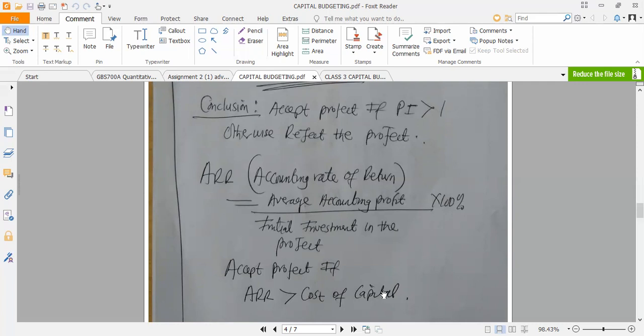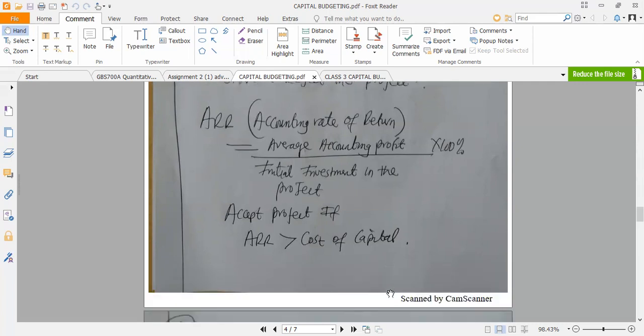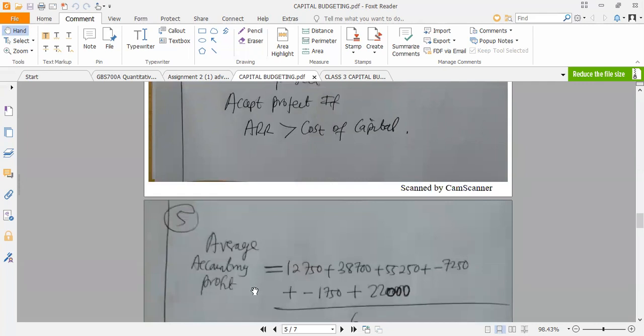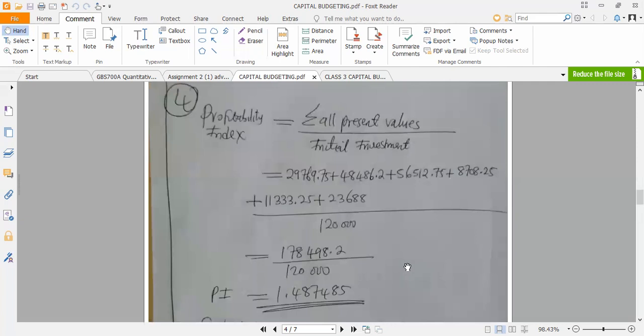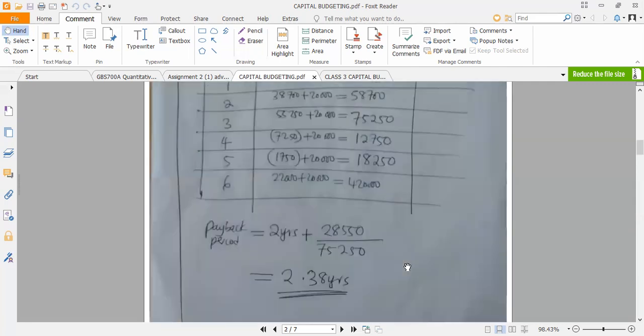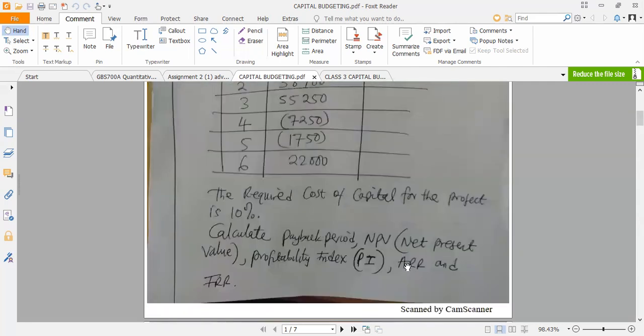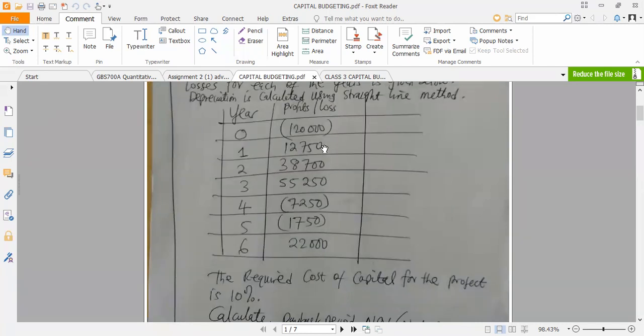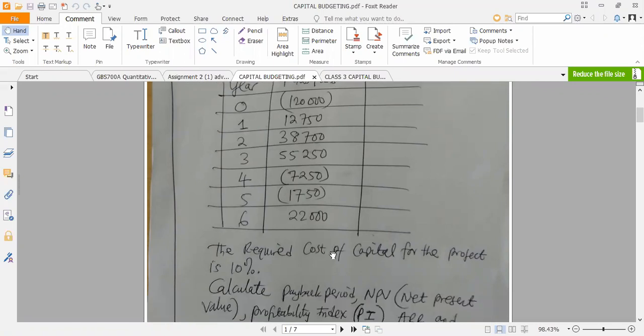So accept project if accounting rate of return is greater than the cost of capital, otherwise reject the project. Now, for average accounting profit, you get the profits as they are in the original table, the first table. You find the average of these profits from year 1 through to year 6.